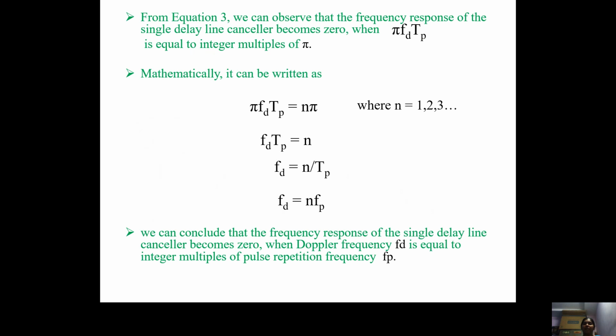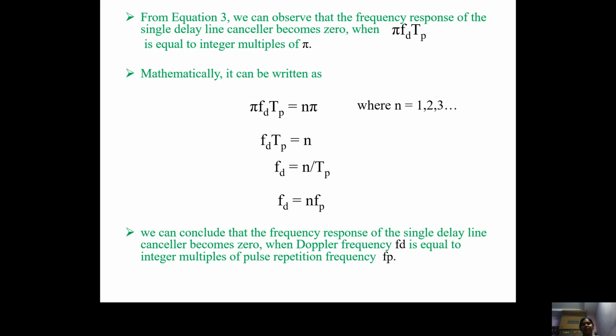As we have discussed earlier, we can observe that the frequency response of the single delay line canceller becomes 0 when pi FD Tp is equal to the integral multiples of pi, because it contains a sine, and the sine value will be 0 when it is an integer multiple of pi.